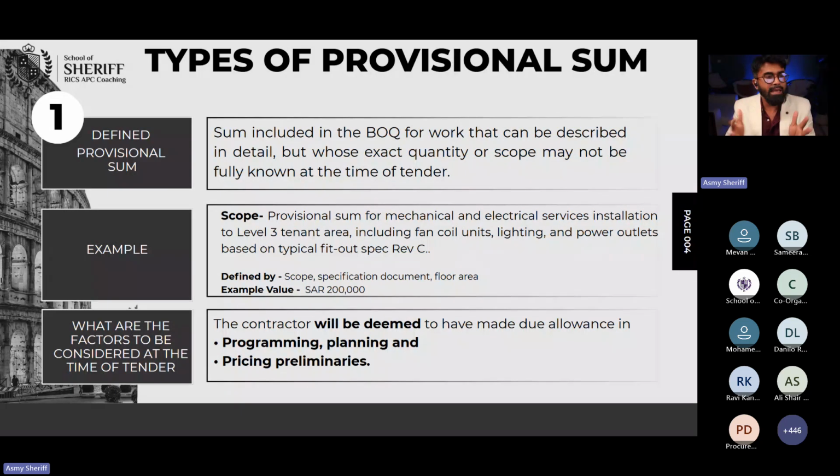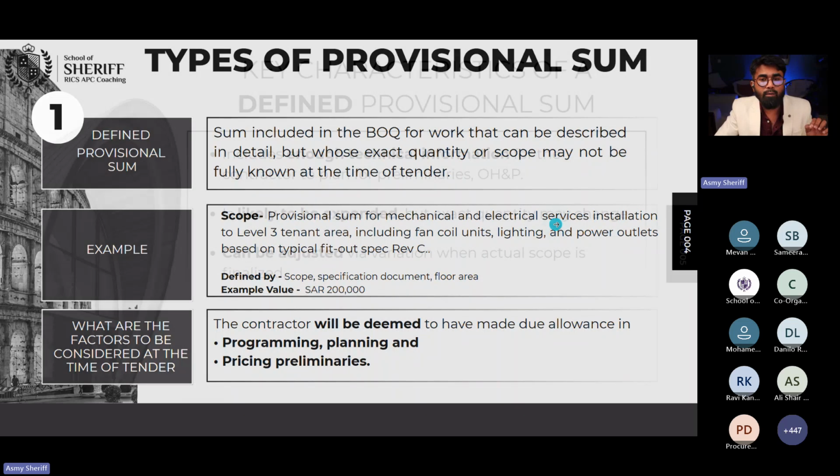We are going to excavate 2 million cubic meters of material. The crushing should start in March and be completed by December. In their program they anticipated a timeline, and if any preliminary general items were required for the crushing, they already included them within the contract. So this is what we call defined provisional sum.